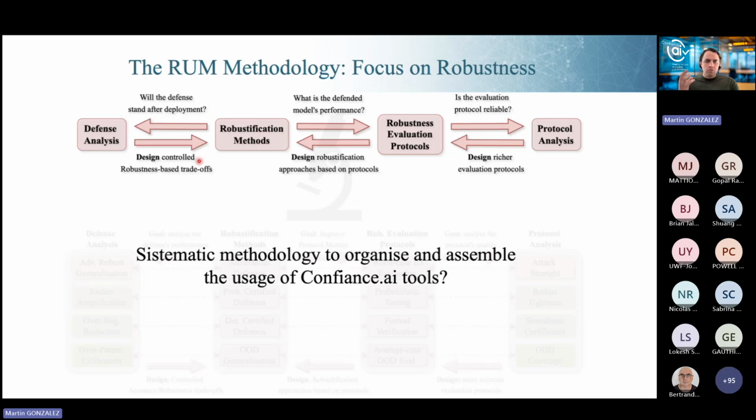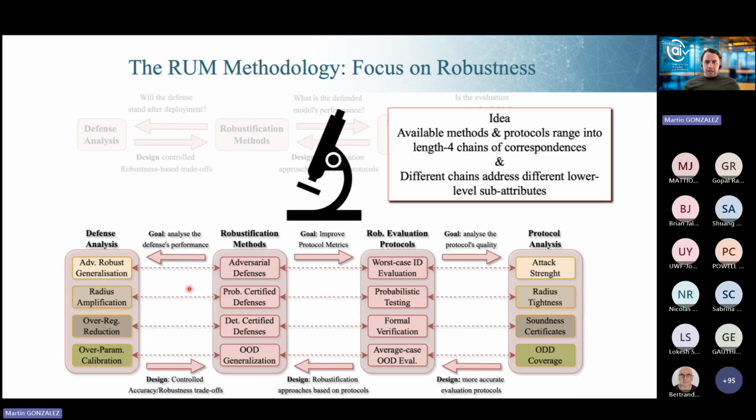So the idea is to ask the question: can we come up with a systematic methodology to organize and assemble the usage of these confiance.ai tools? Sorry for the little typo. The idea is that the available methods and protocols that we saw during this program range into chains of correspondences, and the different chains address different lower levels of attributes.